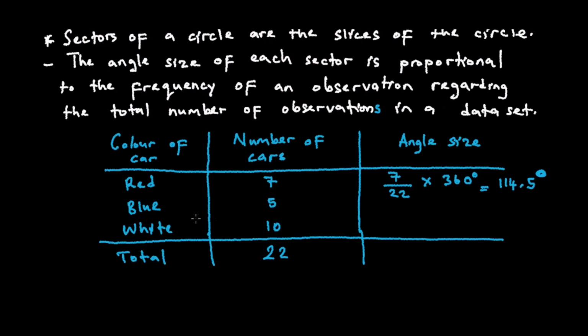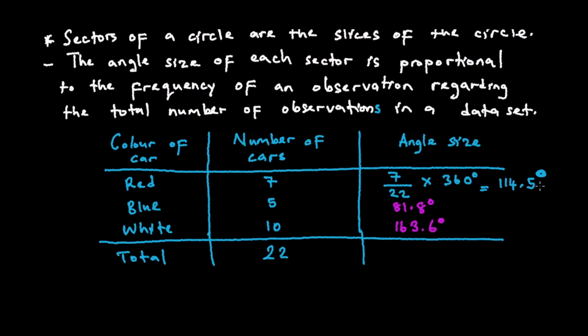So we are going to do the same for blue cars. We are going to do the same for white cars. Saka when we do the same for blue cars, let me just write the answer. I'm sorry, I'm short on space. For blue cars, it's 5 over 22 times 360, we get 81.8 degrees. For white cars, it's 10 over 22 times 360, we get 163.6 degrees.